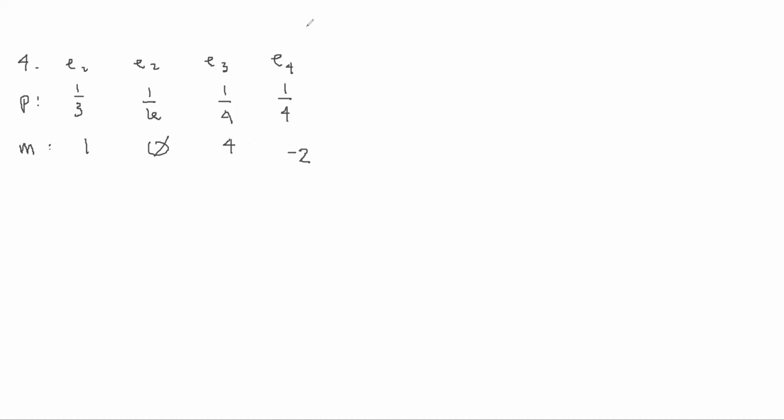So if we remember, our expected value is equal to M1 P1 plus M2 P2 plus, all the way up to Mn Pn. You can see where we have our payoffs and where we have our probabilities. And we can put these together to get our expected value, right?